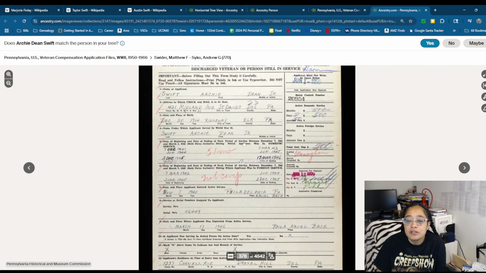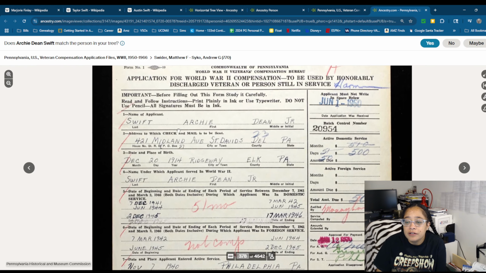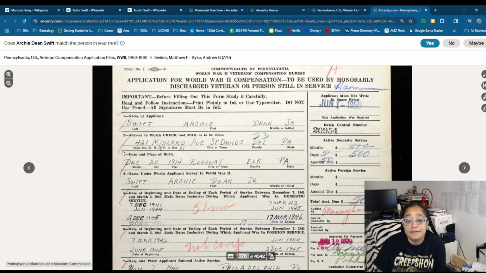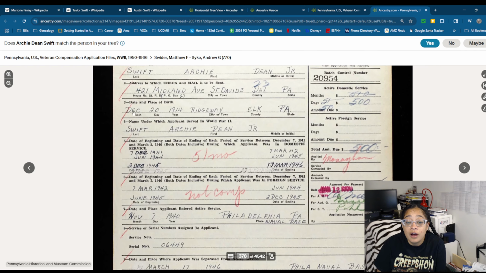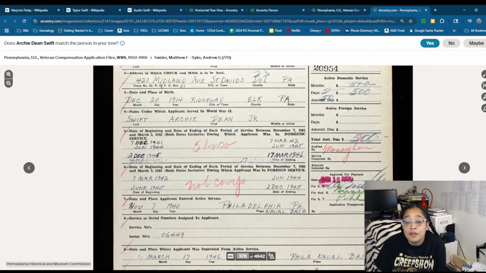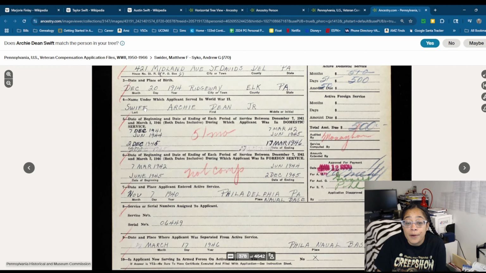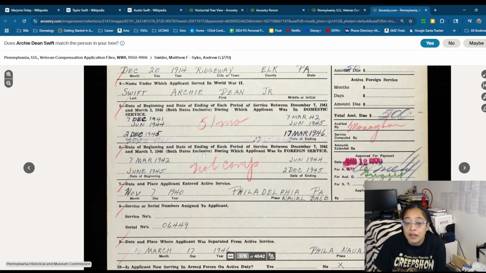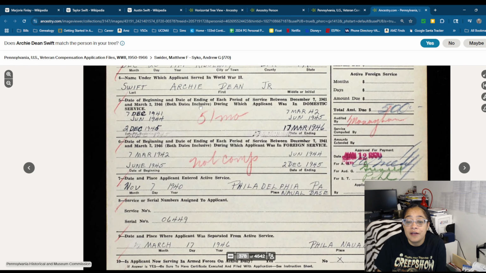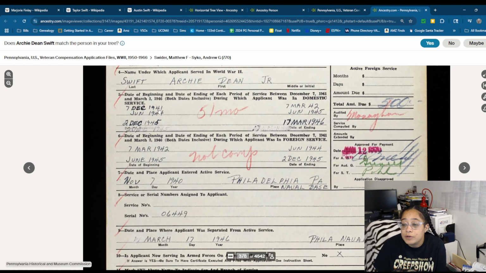Okay, so if we scroll in, Swift Archie Dean Jr., and it gives his address at the time he's completing the paperwork, date and place of birth, and then the name under which you served in World War II. And then he gives his date of beginning and date of ending of each period of service. So 1941 to 1944, and 42 to 45, and then 45 to 46.